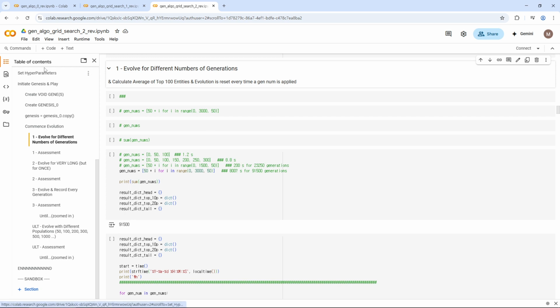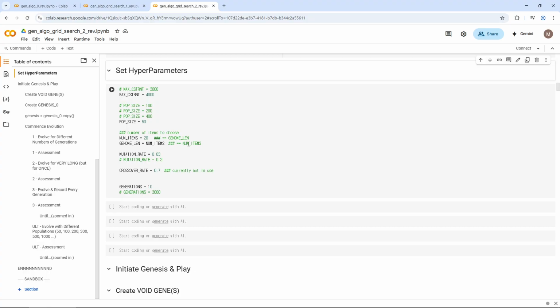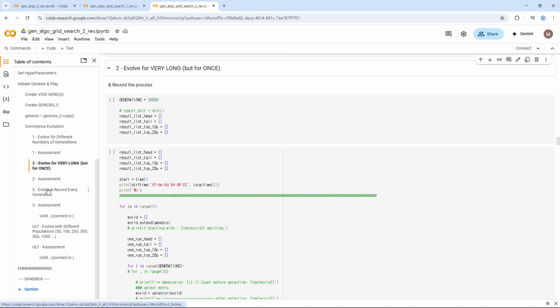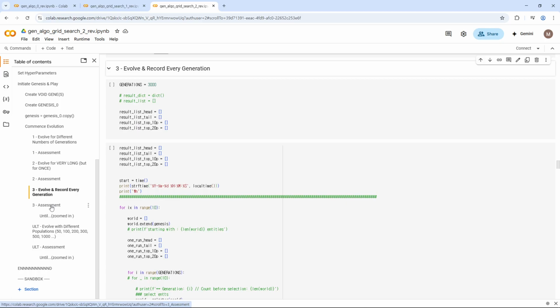If we look at the hyperparameters cell, the initial population is 50.